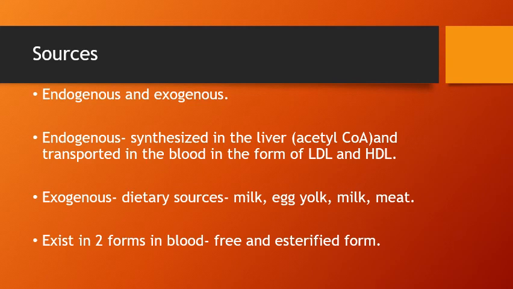The sources of cholesterol come in two ways: endogenous and exogenous. Endogenous sources means cholesterol synthesized in our body, and the major organ involved in total cholesterol synthesis is the liver. Other than the liver, the adrenal cortex, adrenal gland, and skin are also involved in the endogenous synthesis of cholesterol from acetyl CoA.